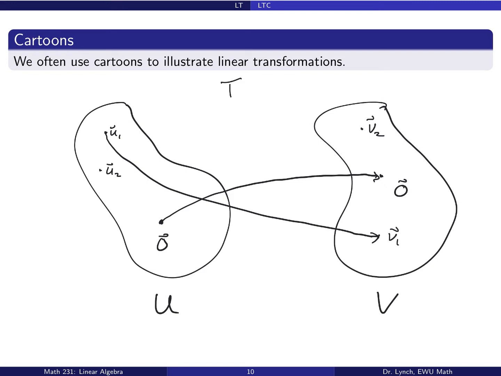And it might be the case that this other vector u2 also maps to the zero vector in the codomain. Now it might be the case that there's a vector v2 that has nothing in U that maps to it, and we'll talk about that later. In any case, these cartoons are useful to illustrate linear transformations. It's sort of mathematical tradition to write the vector spaces as kidney beans for some reason. We'll talk about this a little bit more as we go on.